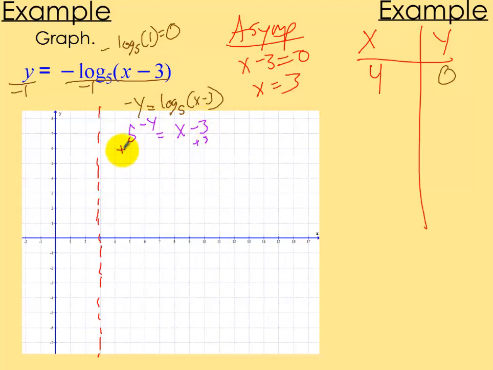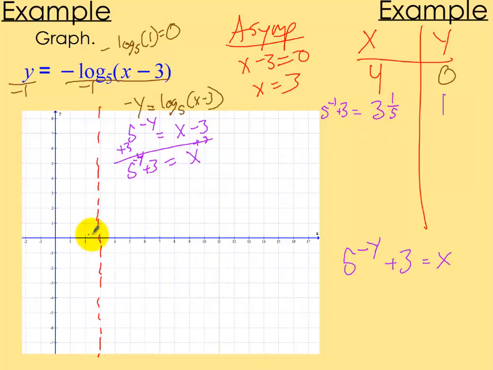And to isolate the x, I'm going to add 3 to both sides. So you get x equals 5 to the negative y power plus 3. So I'm going to plug in values. I'll write that equation: 5 to the negative y plus 3 equals x. So I'm plugging values for y to figure out x. I'll start with y is 1. So if I plug in y as 1, I get 5 to the negative 1 power plus 3, which is going to actually equal 3 1/5.